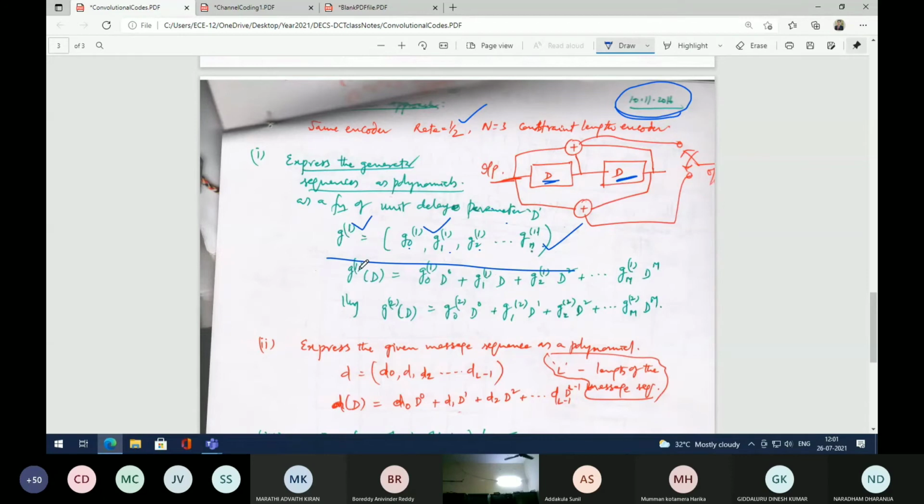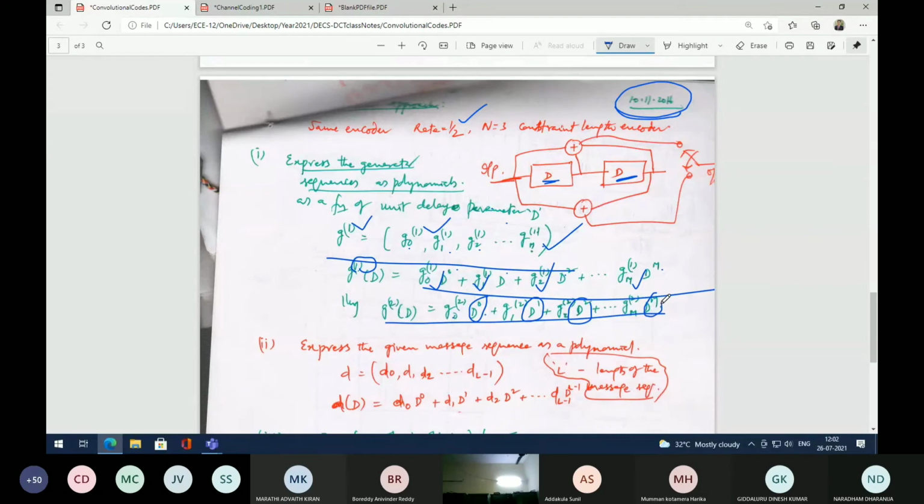This is the first output, and these are the different values, like your H kind of thing. You can replace it with a G here. I have taken up to M, and similarly for the second output I can write G0, G1 D, G2 D squared, up to Gm D to the power of m. This is representing the delay. These are two delays, three delays.